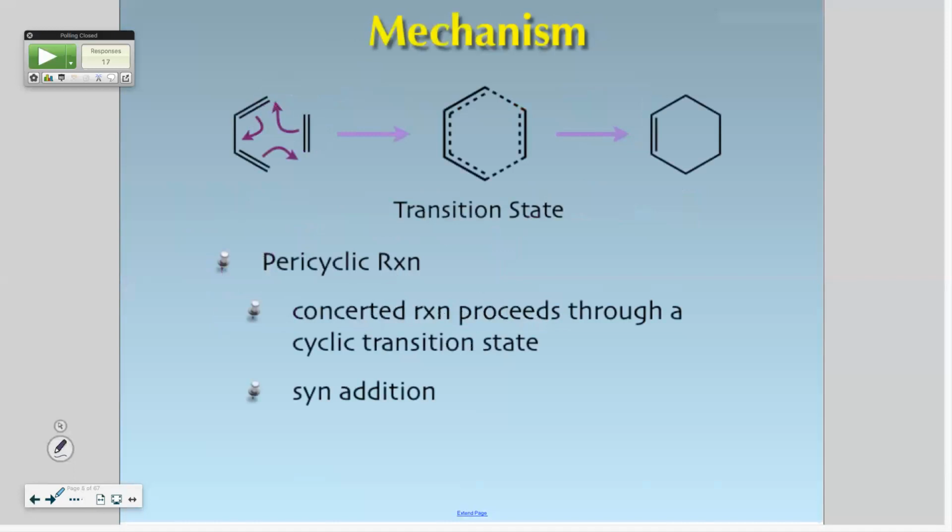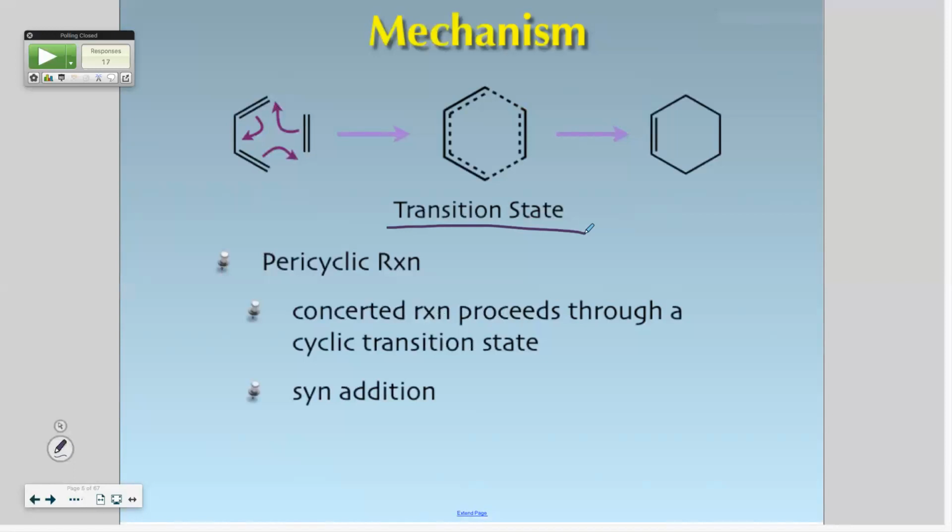Okay, so here's the mechanism. This time I drew it the other way. Notice that last time I picked clockwise and this time I picked counterclockwise. Does it matter? No. What matters is that they all are going clockwise or counterclockwise. Okay, so up here I drew the transition state. Notice that in the transition state, we're making this bond, breaking this bond, making this double bond, breaking this double bond, making this single bond, breaking that double bond.